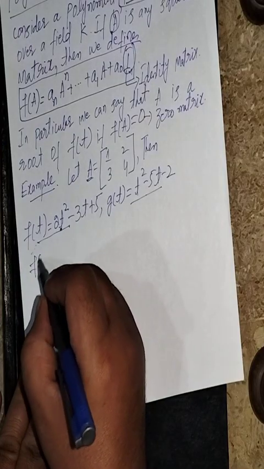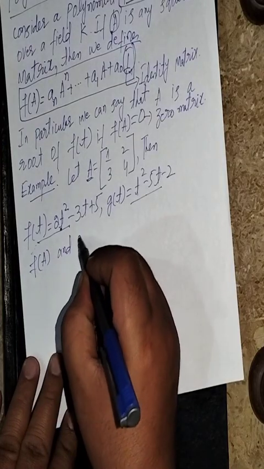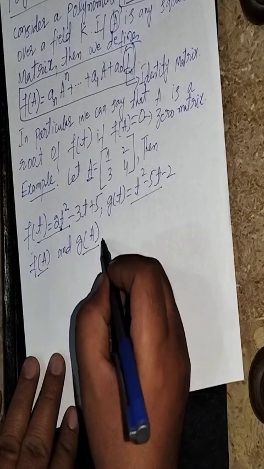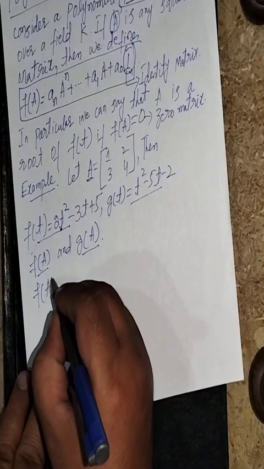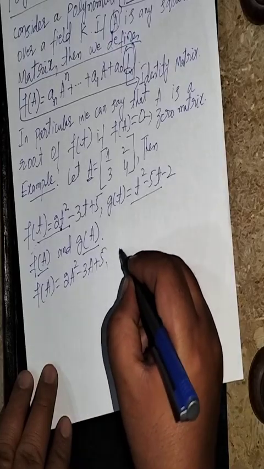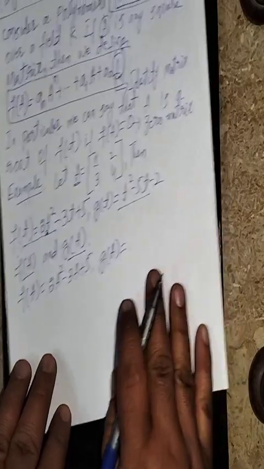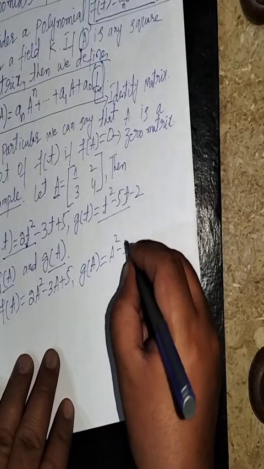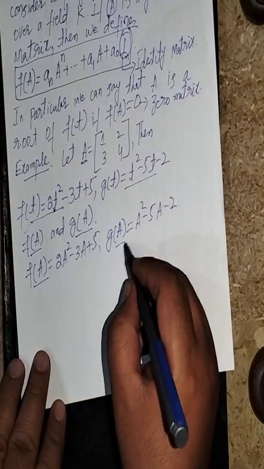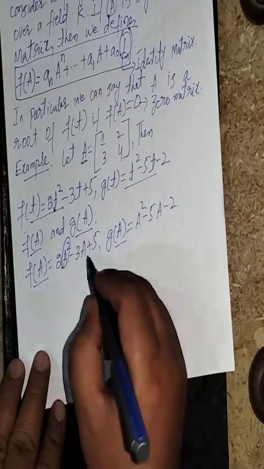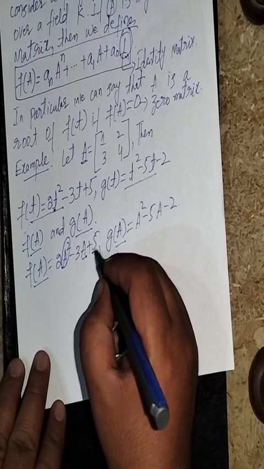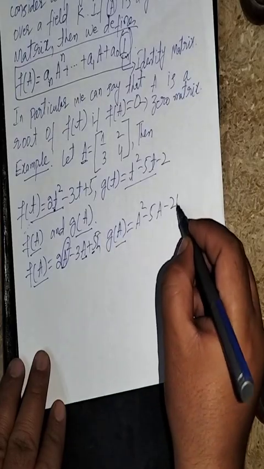Then you have to calculate f of A and g of A. f of A equals 2A square minus 3A plus 5I and g of A equals A square minus 5A minus 2I. In order to find f of A and g of A, you have to find A square. You have already A, and this is the constant 5. You have to multiply the identity matrix also with this.